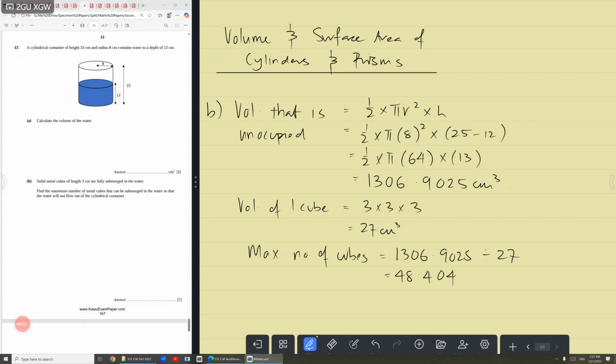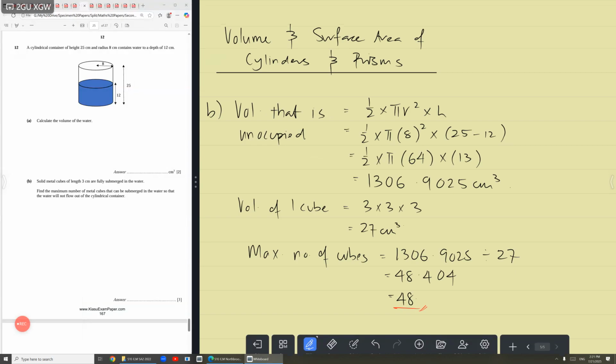Okay, so in this case, the maximum number cannot be a decimal number. It has to be an integer. So in this case, it will be 48 only. Okay, you cannot round off to 49, or any other number in this case.